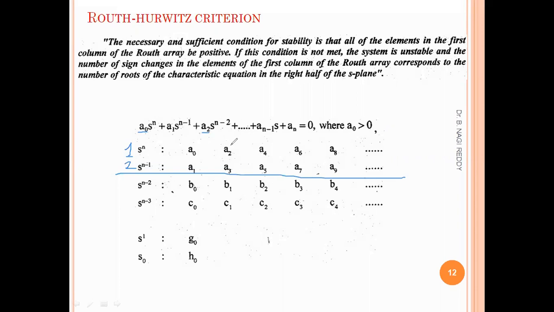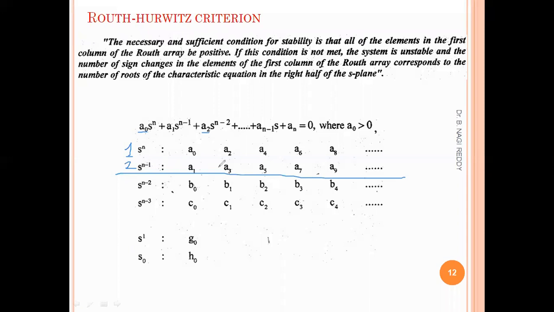Then a4, which means the s power n minus 4 coefficient, will be written here, and then s power n minus 6 and s power n minus 8. Likewise, we need to write the coefficients of these s powers in the first row.